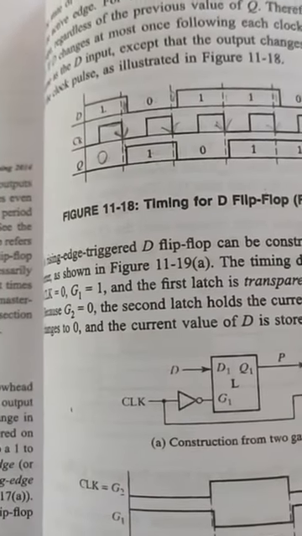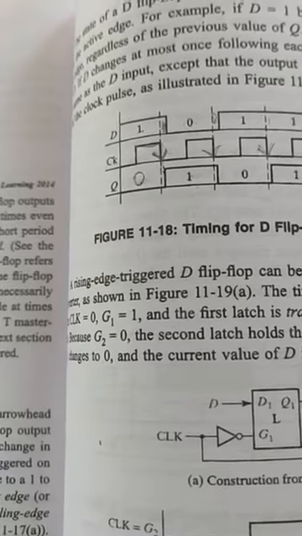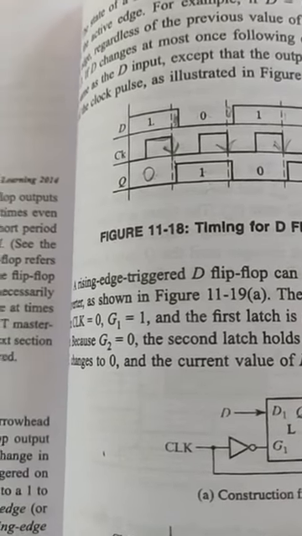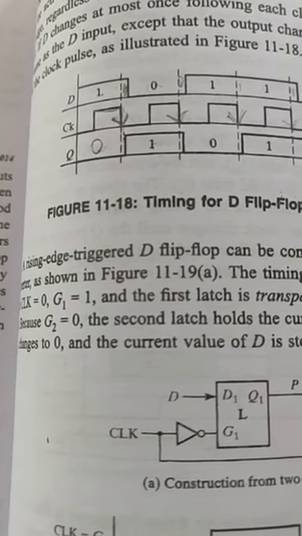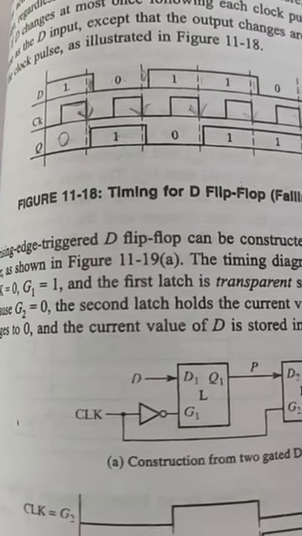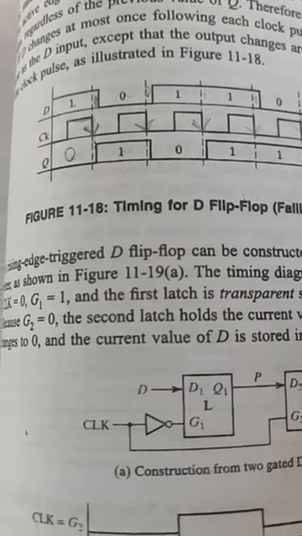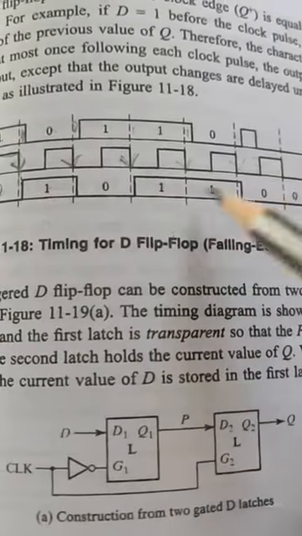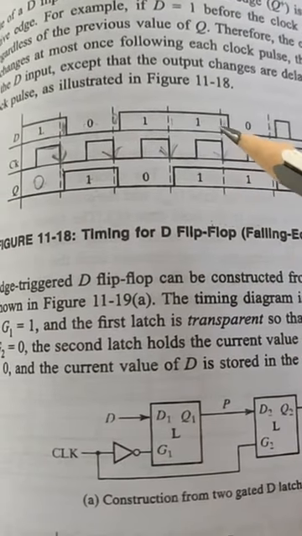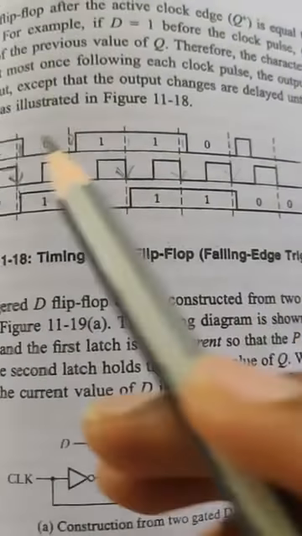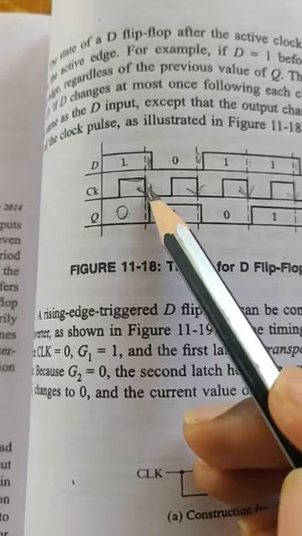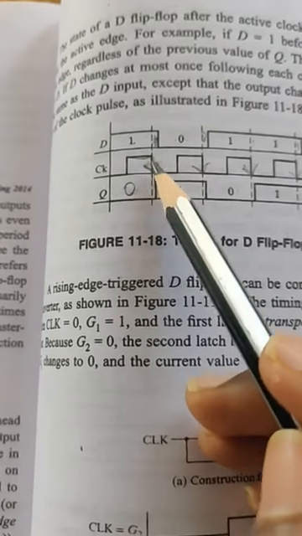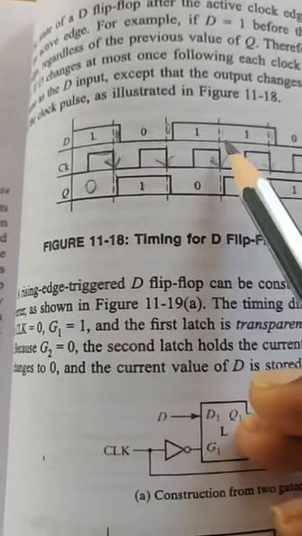So whatever input you pass to D will be reflected at the output Q only after the clock edge occurs, either a positive edge clock or a negative edge clock. This waveform represents the change of state during the falling edge, so we need to concentrate only on the falling edge. The changes occur only after the clock pulse falls from high to low, high to low, high to low, high to low.